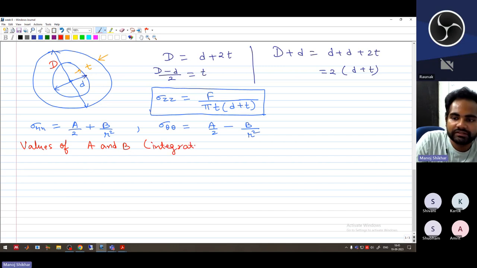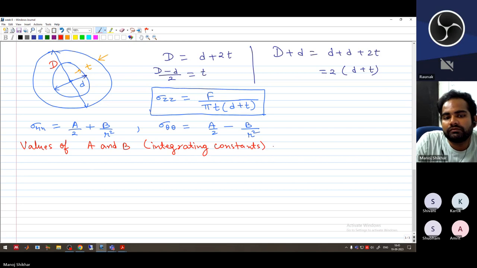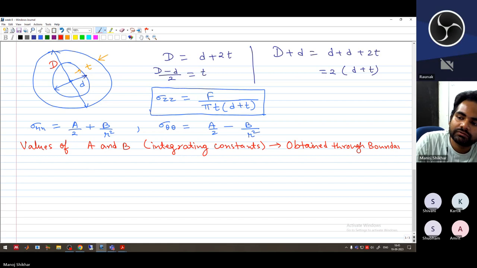These were the constants which came from integration. They will be obtained through boundary conditions.